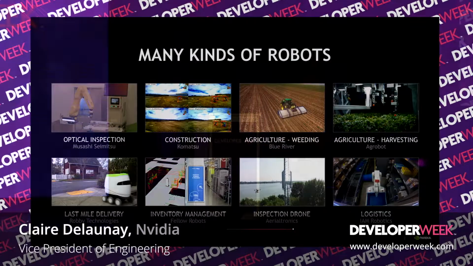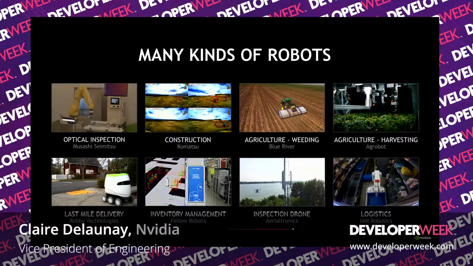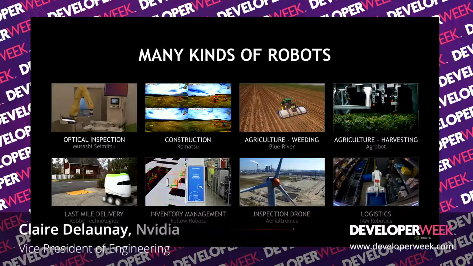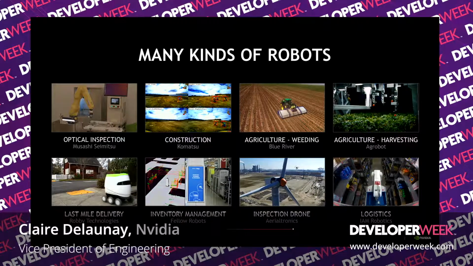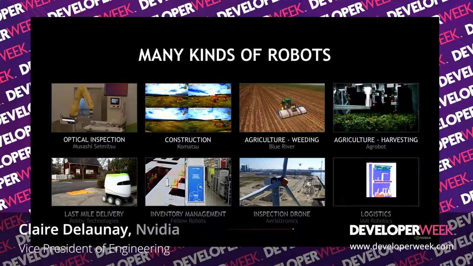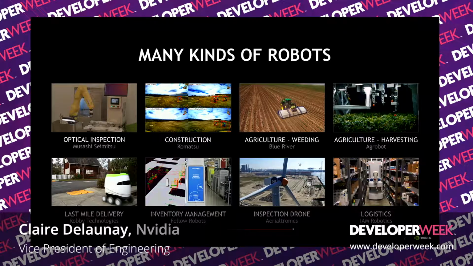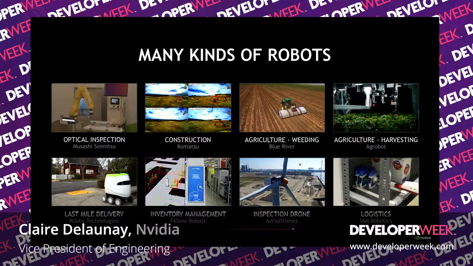And others are inventory robots working in warehouses to make sure our packages are going to arrive in time for Christmas or for big events. We have also flying robots. And finally, just robots moving around in different kinds of environments, going from A to B, logistics.